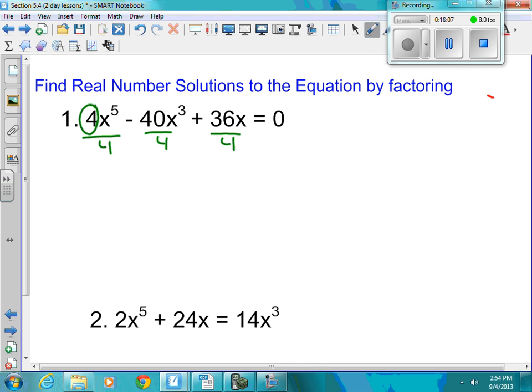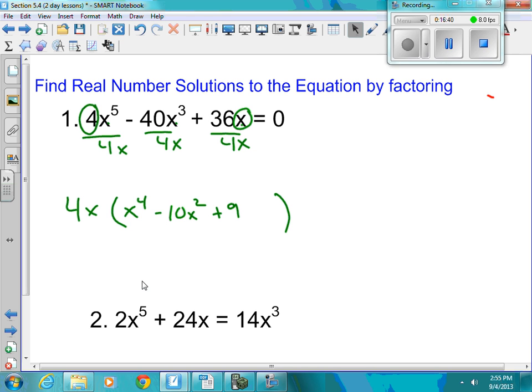And then we look at this. Is there a common variable in all three? X to the third, and x to the fifth. The smallest power of x is x to the first. So I can divide each of these by x. So put that together, we can factor out a 4x out of each of these terms. That leaves me with x to the fourth minus 10x squared plus 9.